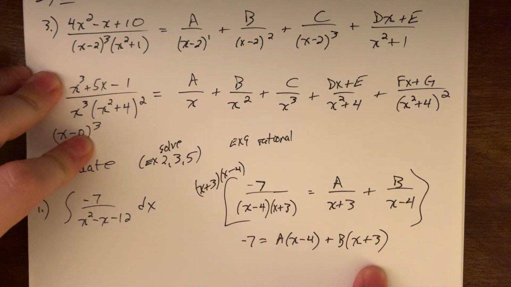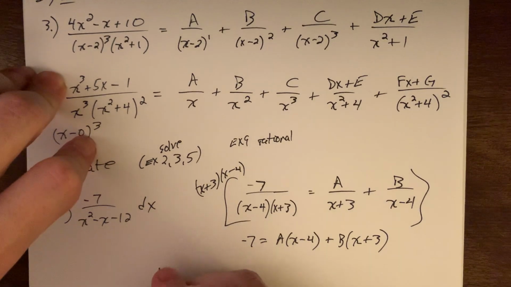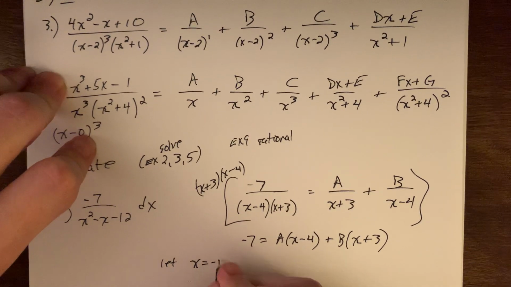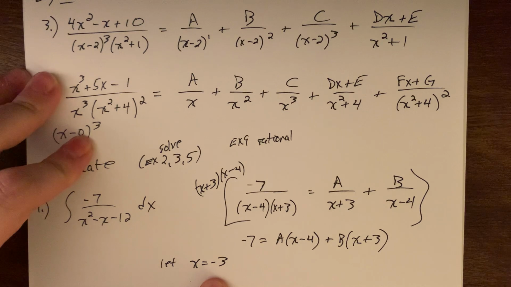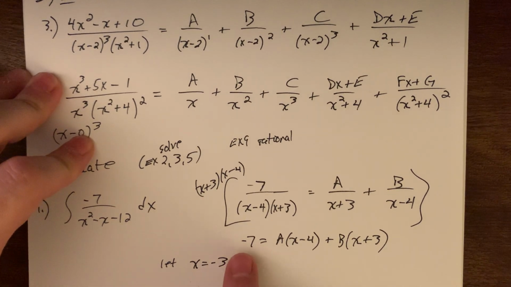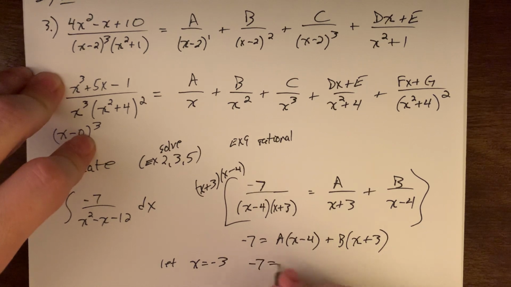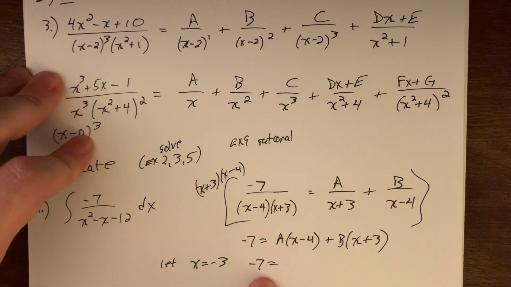So for instance, if I let X equal -3, technically I would plug that in both the left and the right. There's no X's over here, so the left side is still just -7.